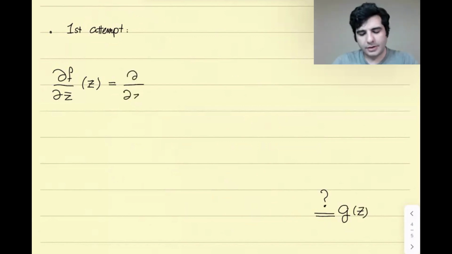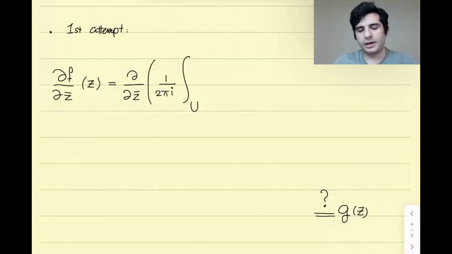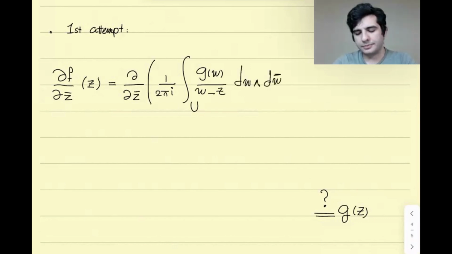So we are taking derivative with respect to z bar, and the theorem said f is given by 1 over 2 pi i times the integral over U of g of w over w minus z, dw wedge dw bar. Okay, derivative is with respect to z bar, the integral is with respect to w, so we can interchange them.